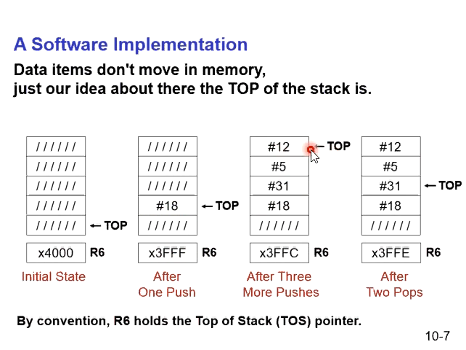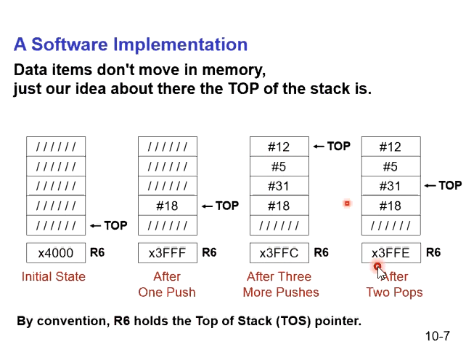And over here now R6 is storing the address of TOS, so we have the tail value, and the location storing the value tail is at 3FFC, the address of this location.